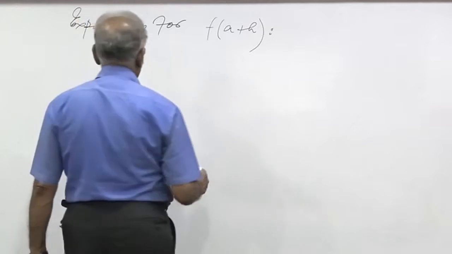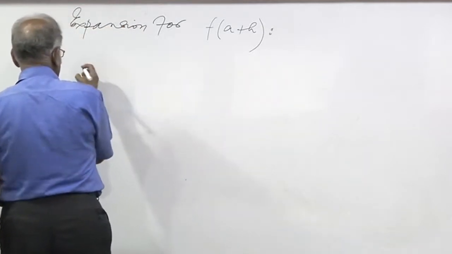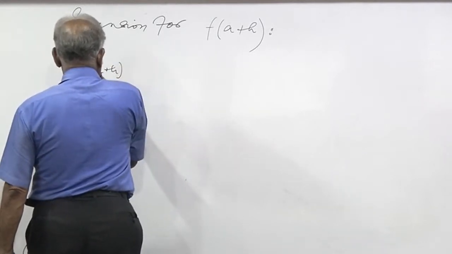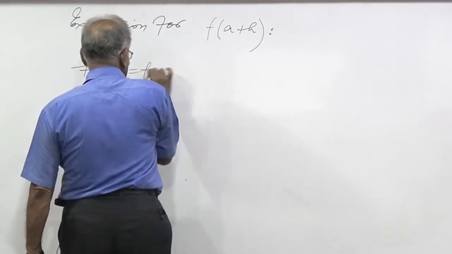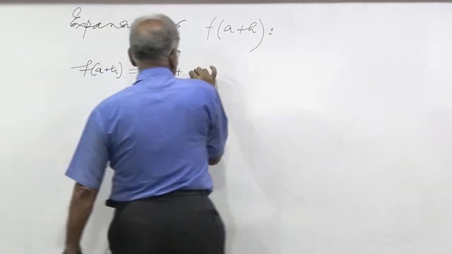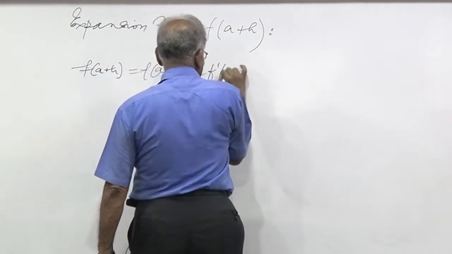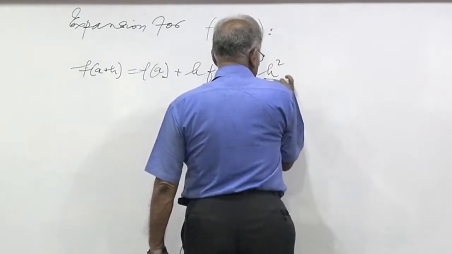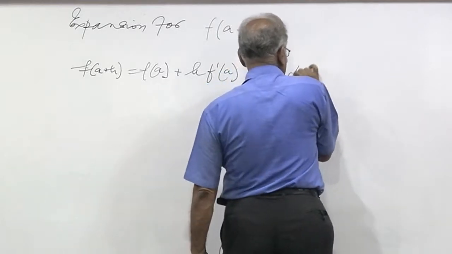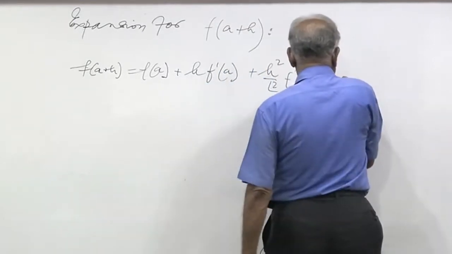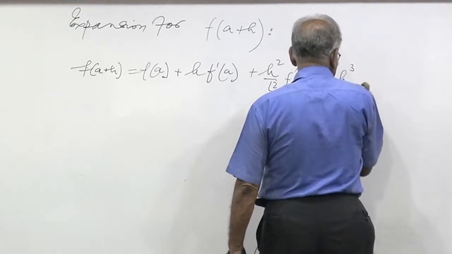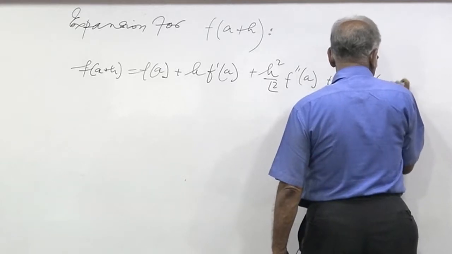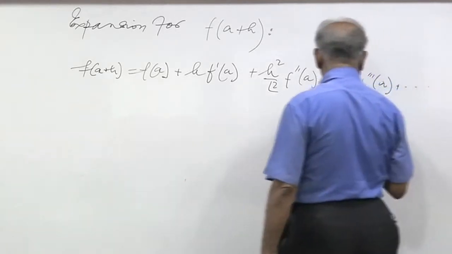Now, the expansion goes as follows. f(a+h) is equal to, first term is f(a), plus h f'(a), plus h squared by factorial 2 f''(a), plus h cubed by factorial 3 f'''(a), and so on.